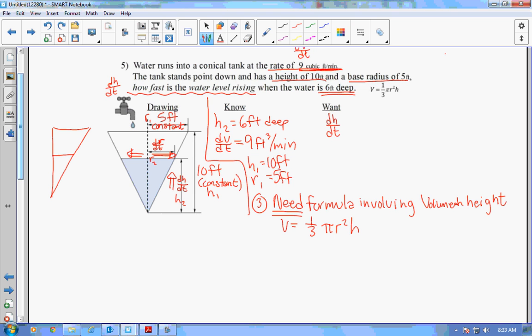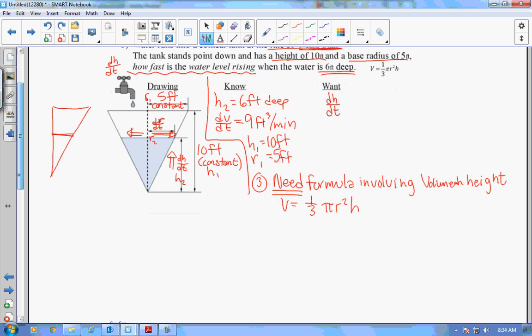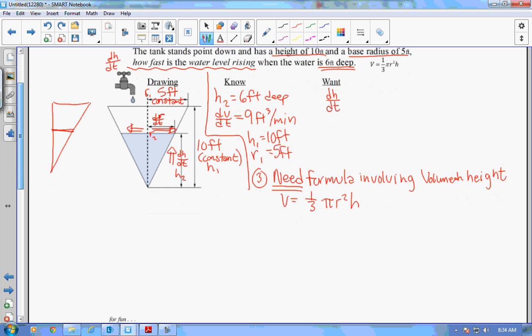Okay, so we have our radius and what are our categories? Radius and height. So we can make a ratio, because of similarity, of radius to height. The radius divided by the height of each triangle should be proportional. The radius we know of the cone itself, and we also know the height of the cone itself. The radius is 5, and the height was 10.